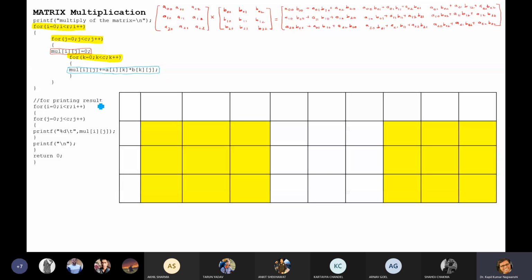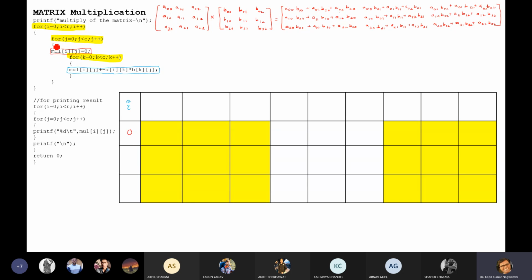This calculation is given here. What we are going to calculate is the value of ij. So initially, let us see the value of i, and let us start calculating. i is initially 0.